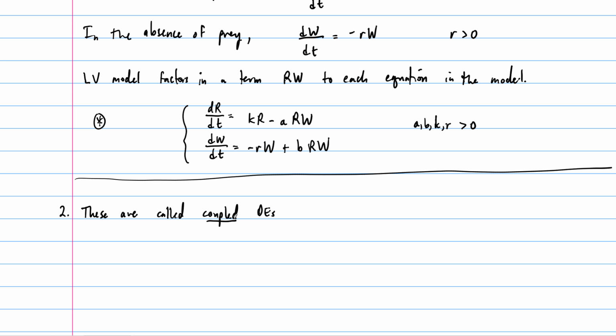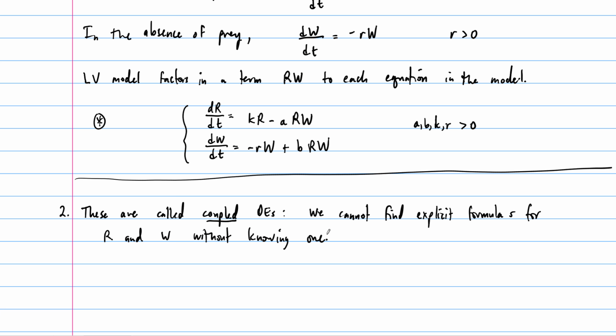And the problem is that we cannot actually find explicit formulas for the solutions, for the populations R and W, without knowing one of them. And the whole point is that we don't know either of them.